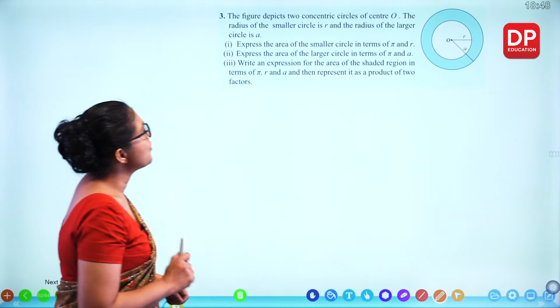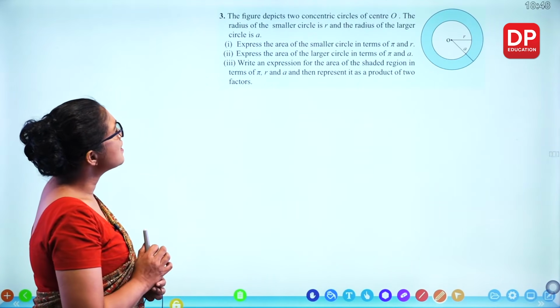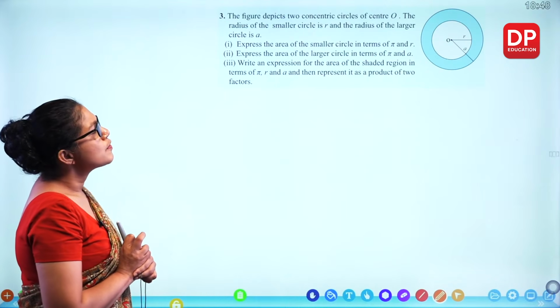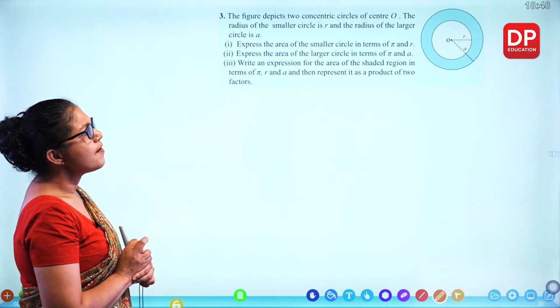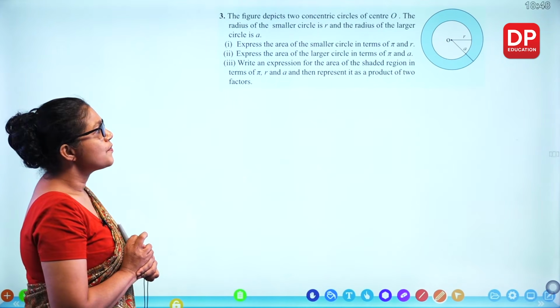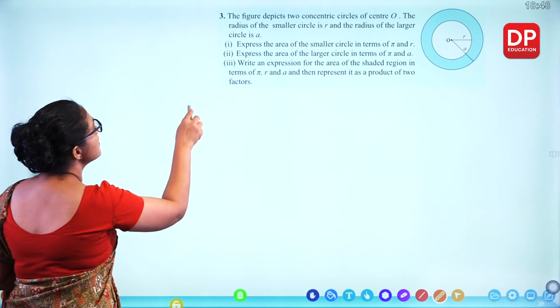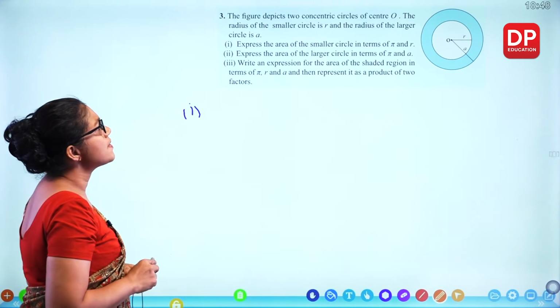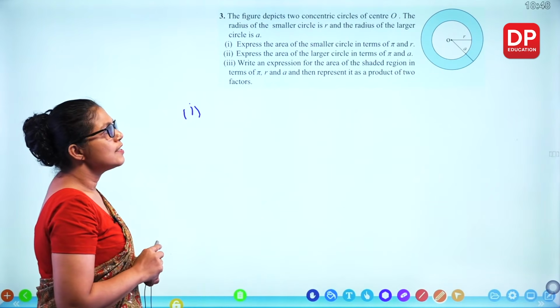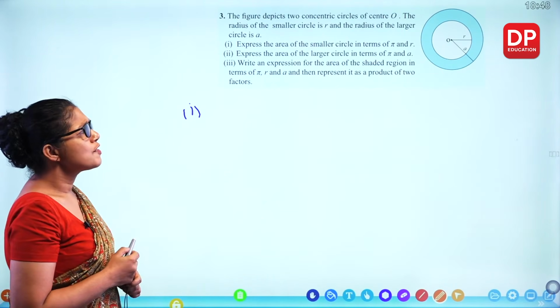So in question number 3, you have given two circles and smaller one radius is r and the bigger one has radius a. Now first part, the question asks express the area of the smaller circle. So what's the radius of the smaller one?